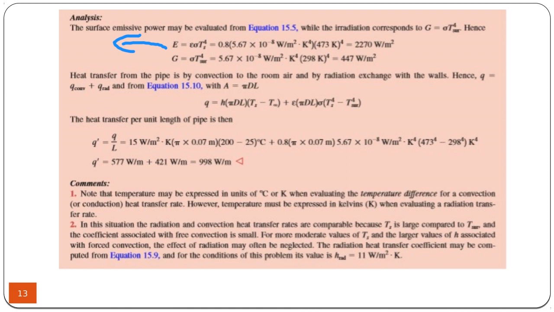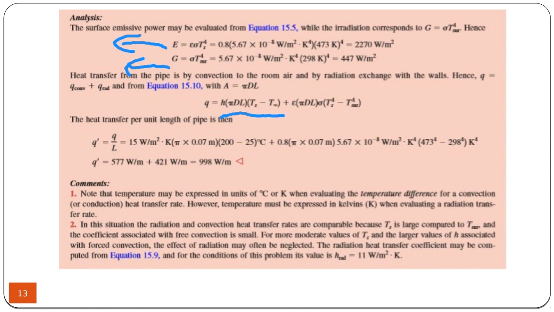And the irradiation from the surroundings is sigma times T surrounding to the fourth power, so that the net amount is the difference between them, because there is an incoming radiation and a leaving emission. On the other hand, there is also a convection amount.